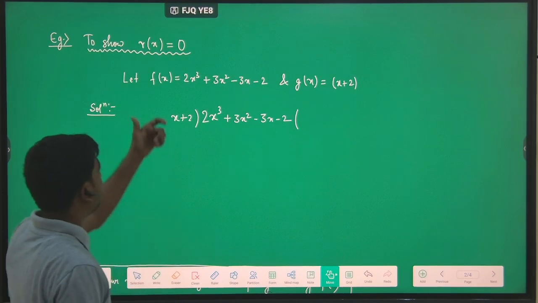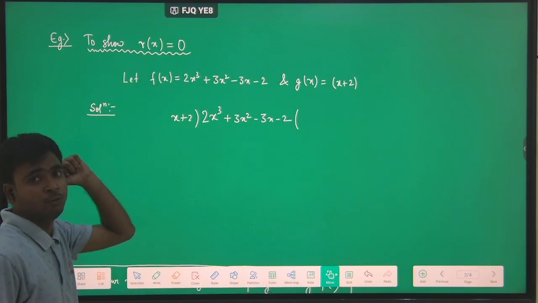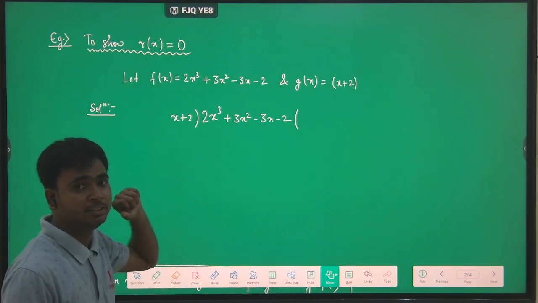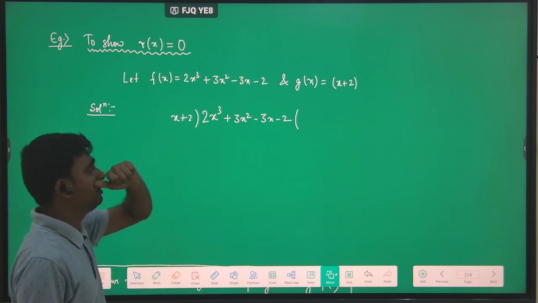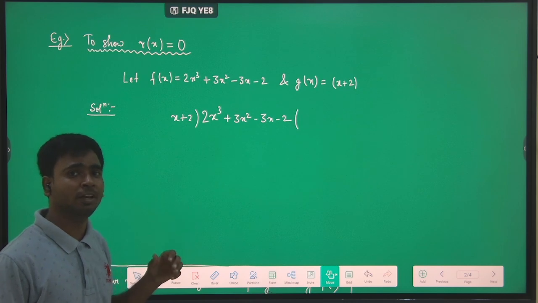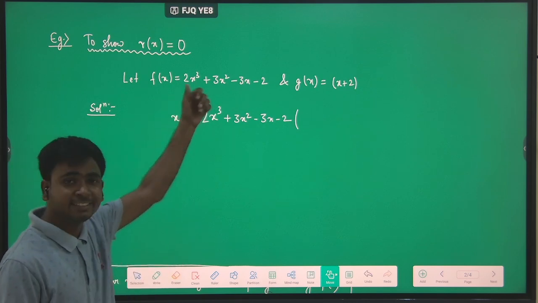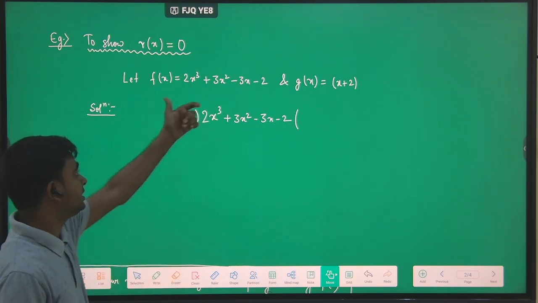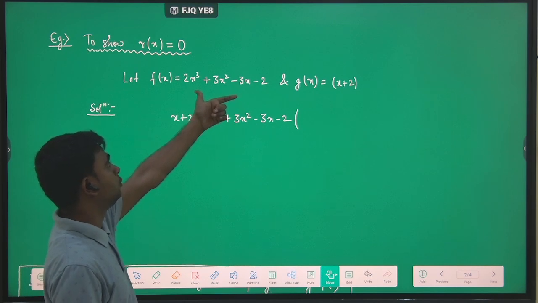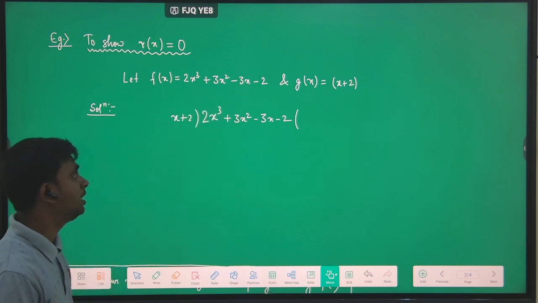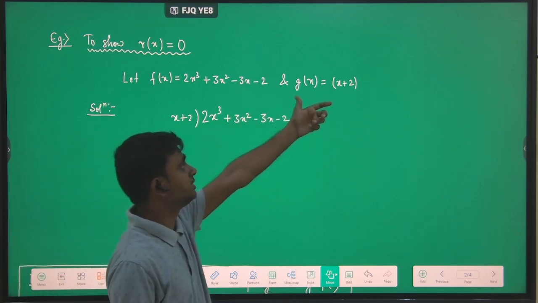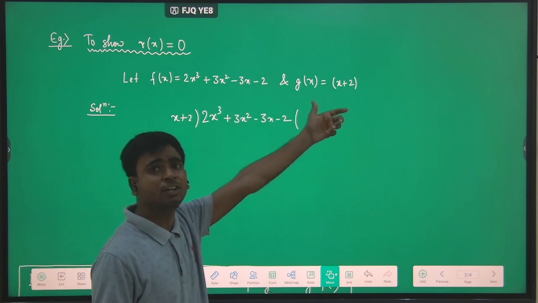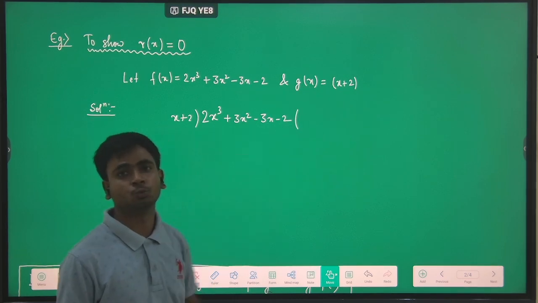Now let us see when our r(x) will be 0, when our remainder function will be 0. Let us suppose we are given f(x), a cubic polynomial in which the degree of x is 3, say 2x cube plus 3x square minus 3x minus 2, and we are to divide it with the divisor function g(x), which is a linear function x plus 2.